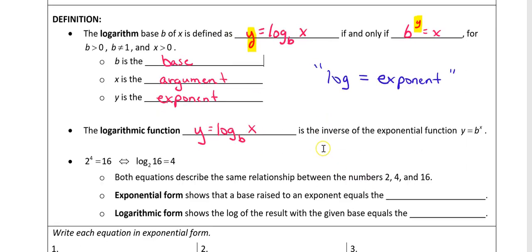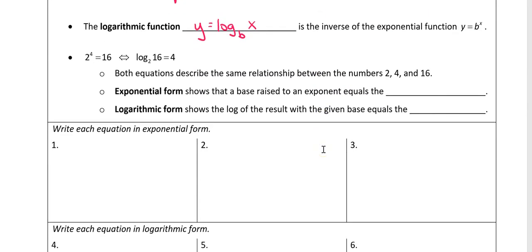So if we have something like 2 to the 4th equals 16, and we want the logarithmic form, we say log base 2. Notice that we have the same base. The way we read it is log base 2 of the answer, so of 16, the argument, equals the exponent 4.